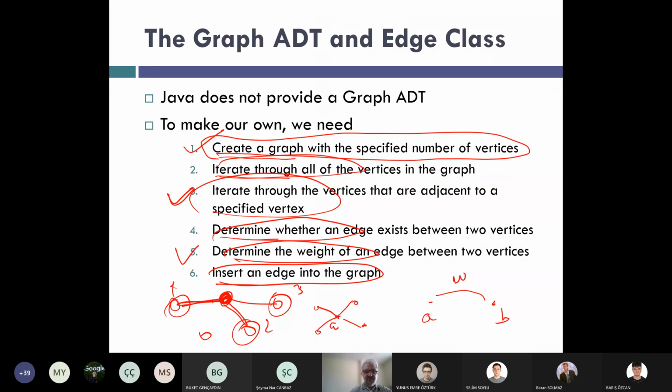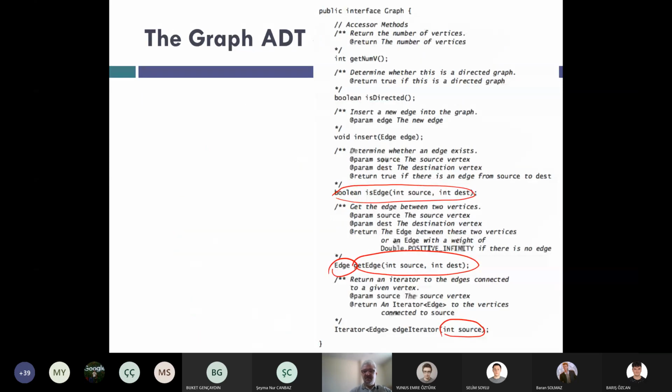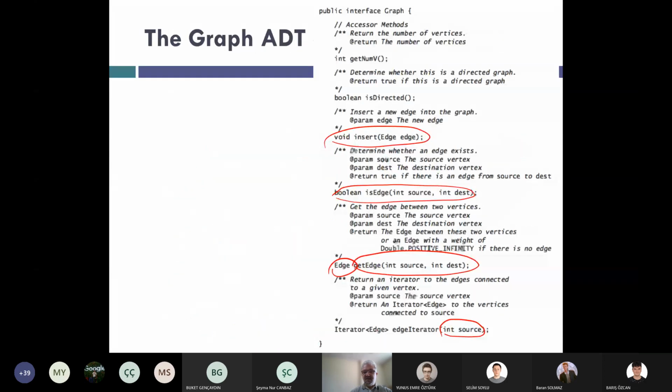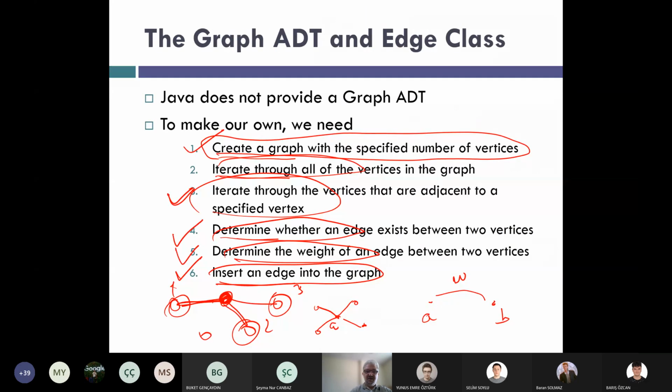It is 4. This inserts an edge. That is 6. But there is no method for true or 1, as you see.